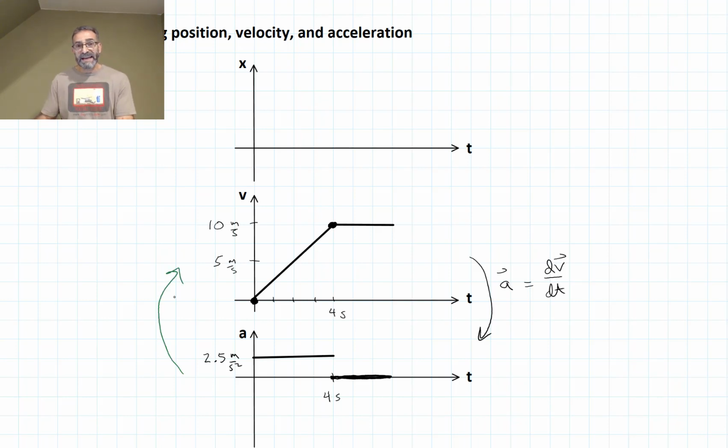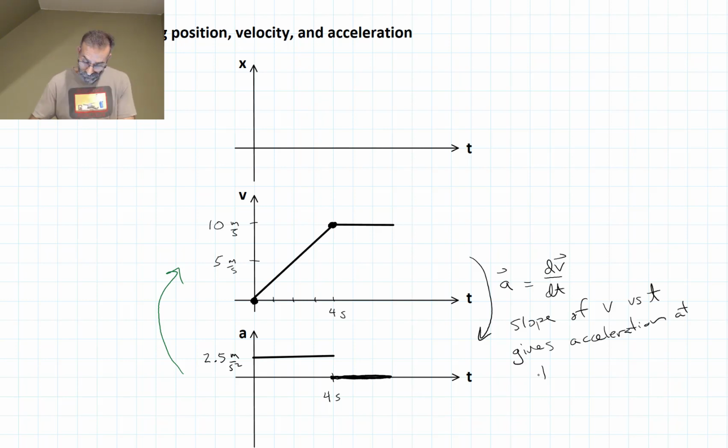We would have to take the antiderivative. We would have to integrate. We'd have to find the area under the curve. So when we go from velocity to acceleration, we look at the slope. And when we go from acceleration versus time to velocity versus time, we use the area under the curve.